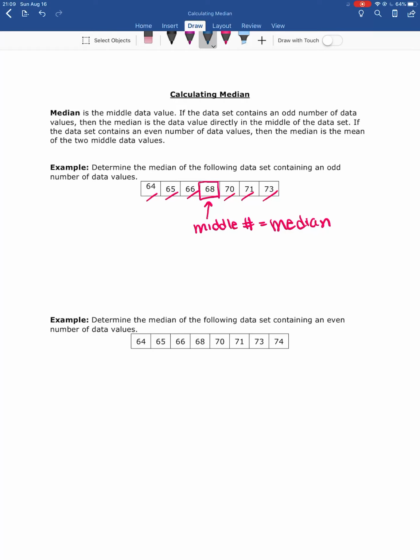Now this is great if you have a small data set like this with only 7. But what if we had 71 data values? Well, then we could find the middle data value by taking our sample size plus 1 and dividing it by 2. And that would tell us where that middle number is.